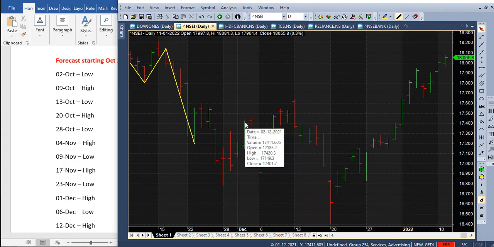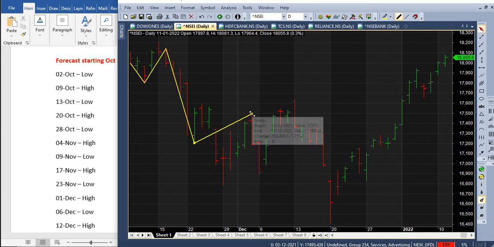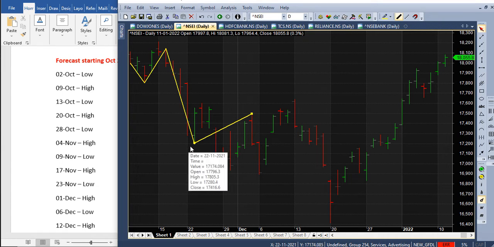So 1st of December, 2nd, we have a high here. Again, look, it took support over here. Then it's taking resistance on this trend line. Now in this case, my stop loss would have hit over here, okay?